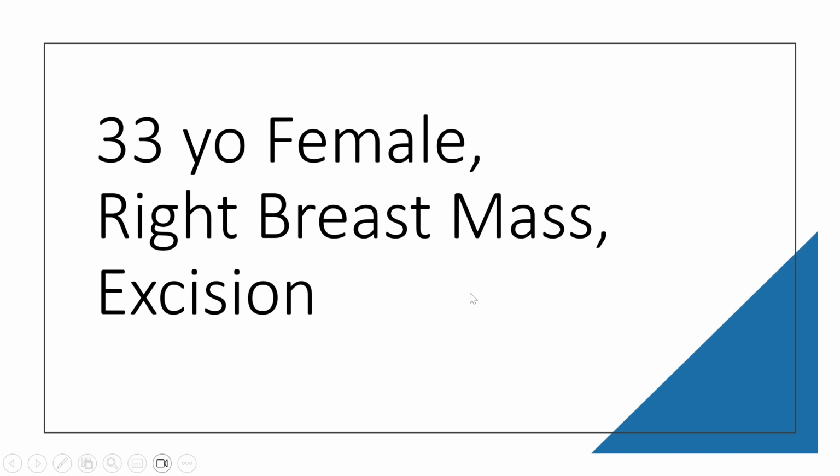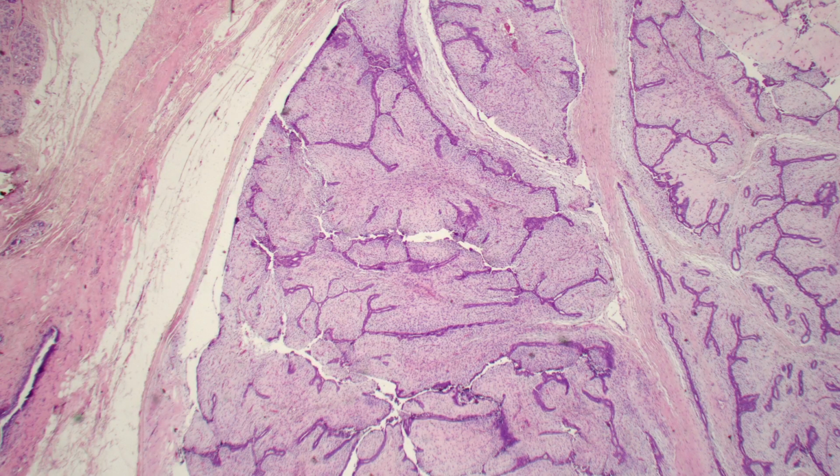Another case, a 23-year-old female, breast mass, excisional. From this block, we can see this biphasic tumor, proliferation of the epithelial component and also the stroma, a little bit of subepithelial condensation, but we do not see a really clear leaf-like structure.